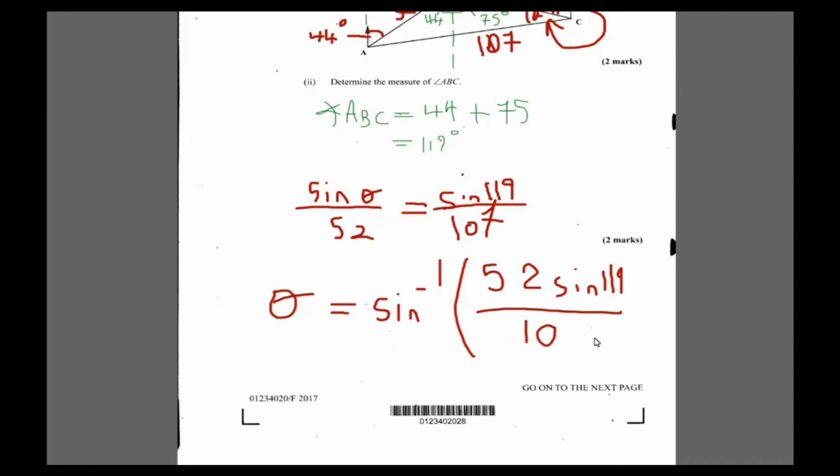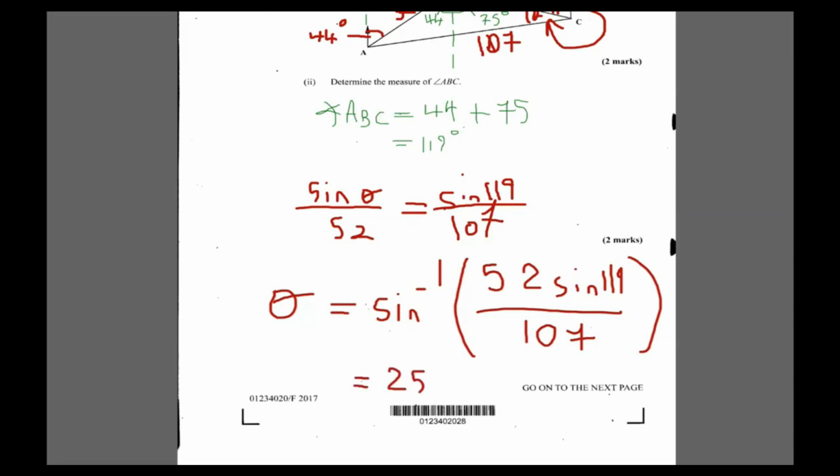Now we work this out, you put that in your calculator: 52 sine 119 divided by 107, and I take sine inverse, I'm getting 25 degrees. Theta is equal to 25 degrees.